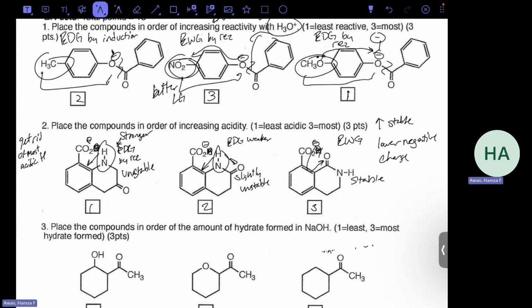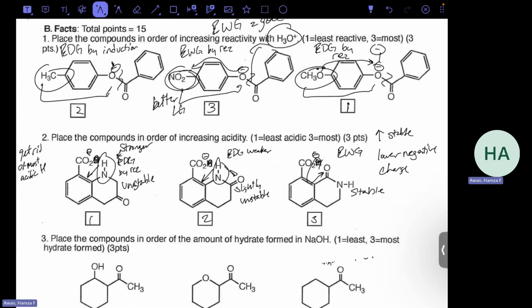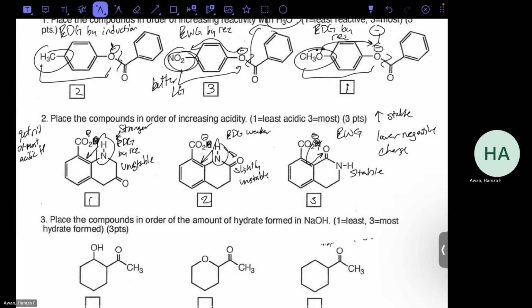Yeah, it would depend on the question. For example, in this question, it was asking about reactivity with H3O plus. I don't know what else they could ask, but in a different reaction, it could flip them, right? Just pay attention. This could have easily been a resonance question as well, like you guys have seen on the other exams. It's just that this one had a different flair.